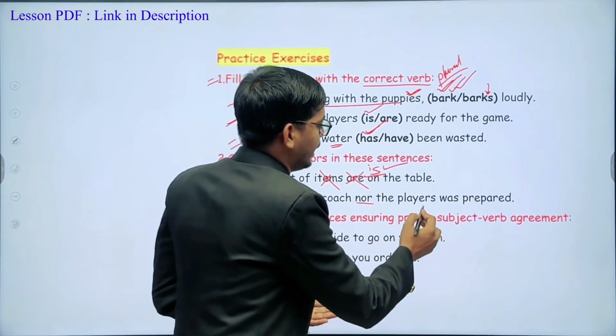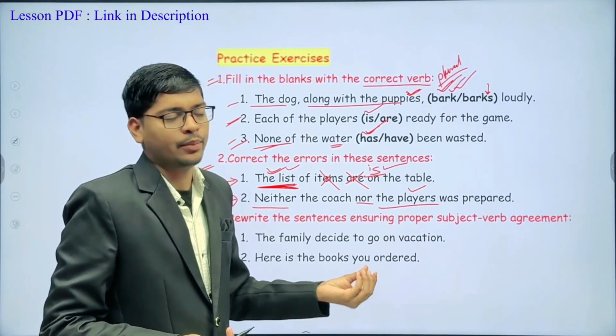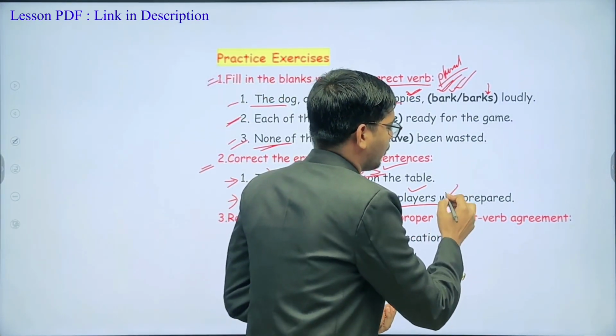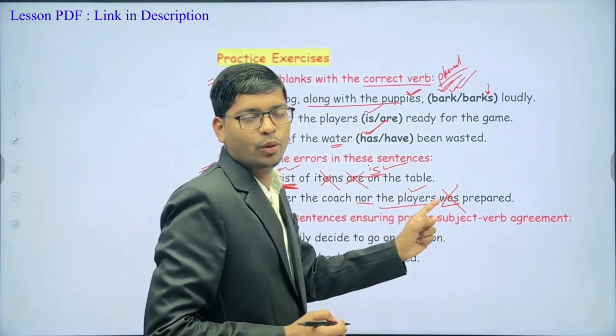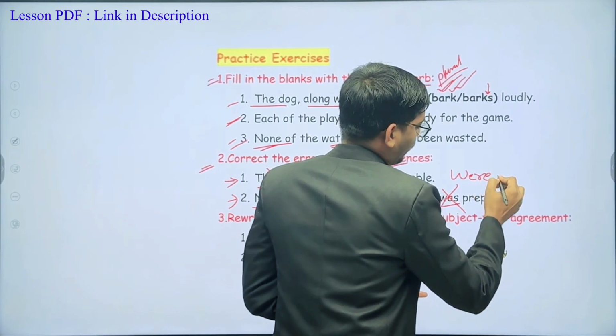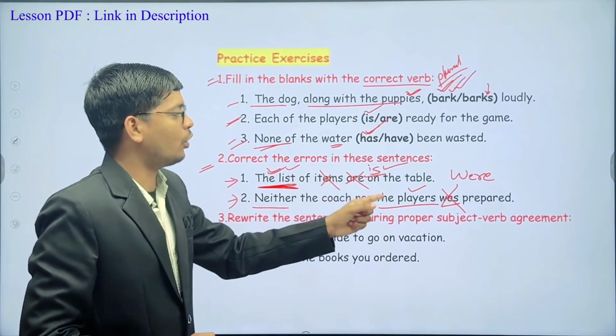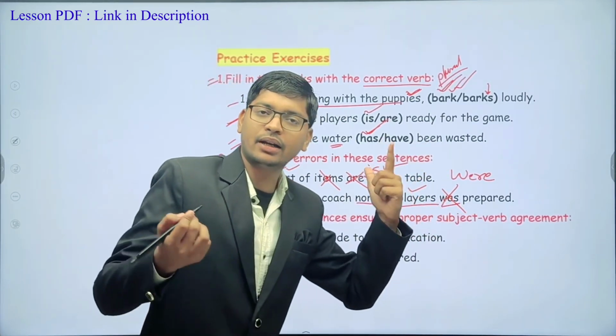The nearest subject is players, a plural subject. With a plural subject, we have to use a plural verb. Was is wrong here, so we use were. Neither the coach nor the players were prepared.